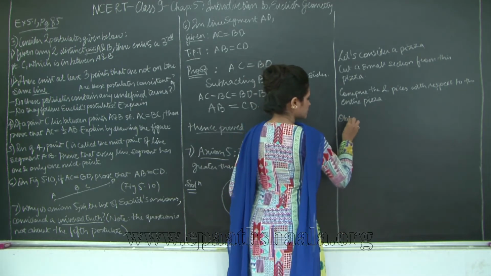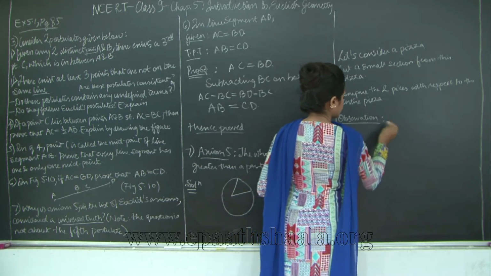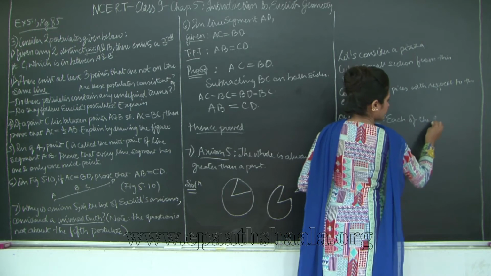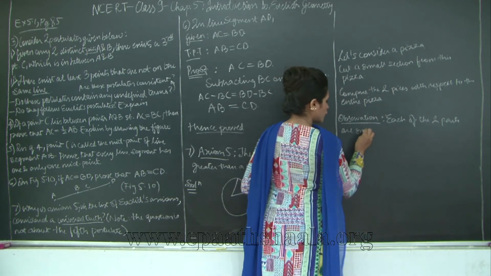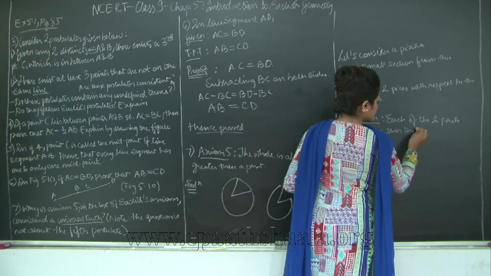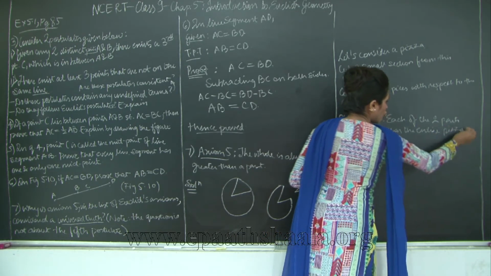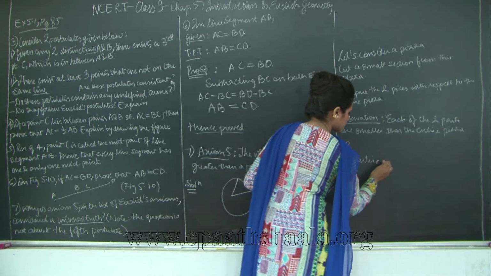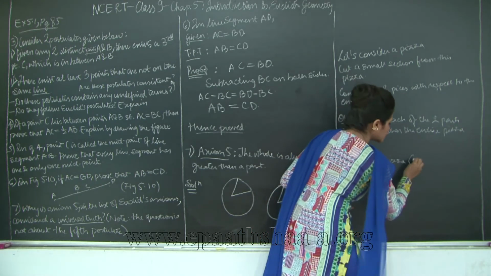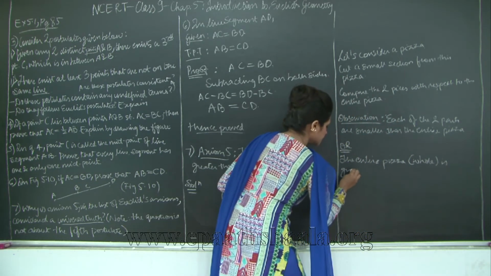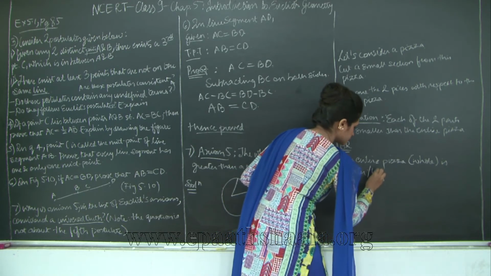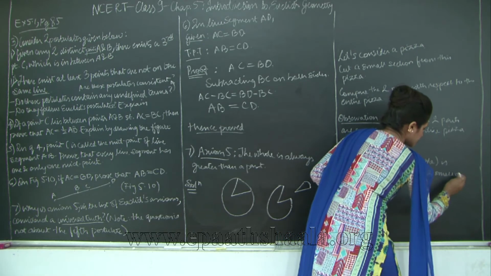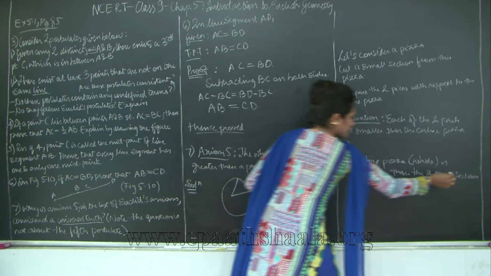What is your observation? The two parts, or each of the two parts, are smaller than the entire pizza, or you can also say that the entire pizza, and in brackets you will write whole, is greater or larger than the two small sections cut from the pizza.